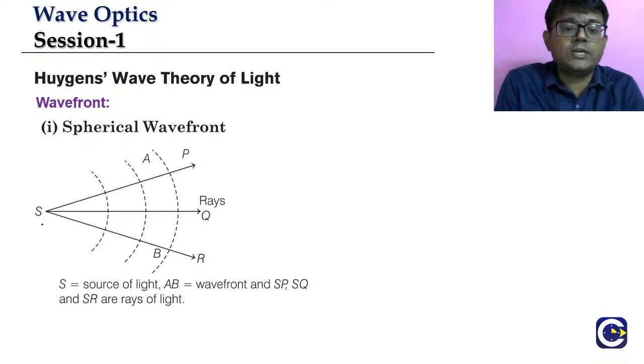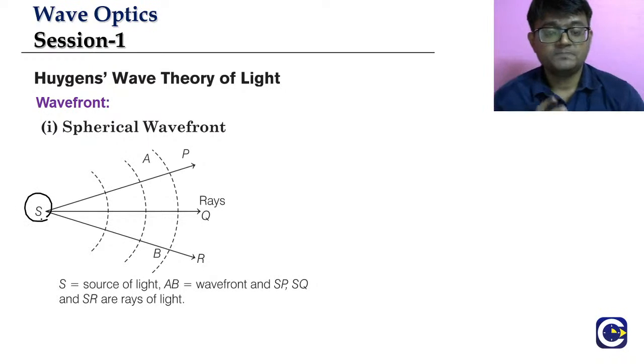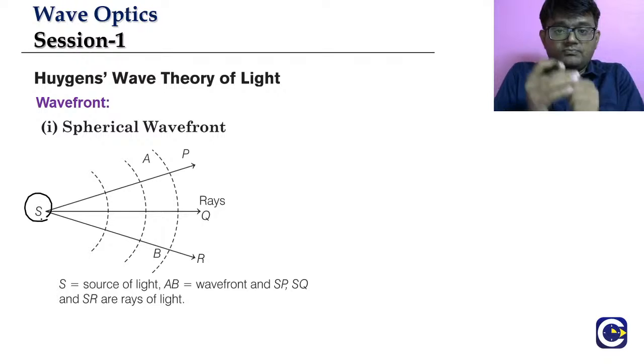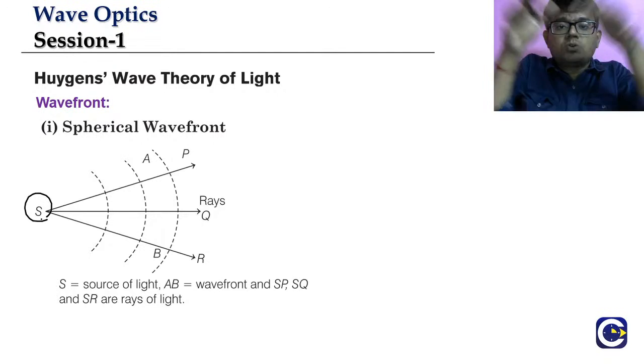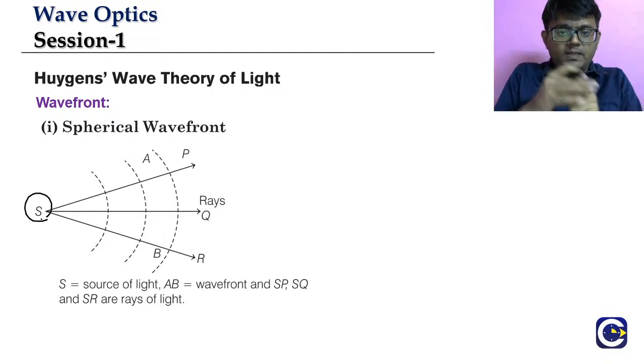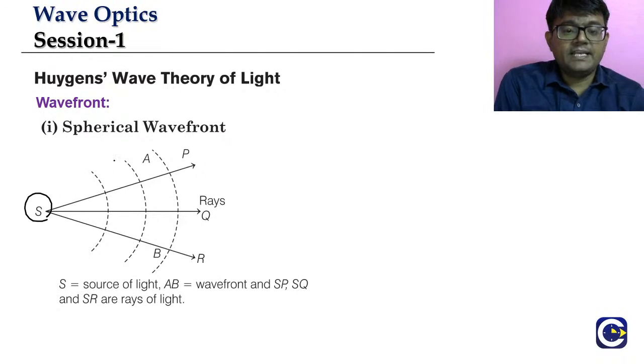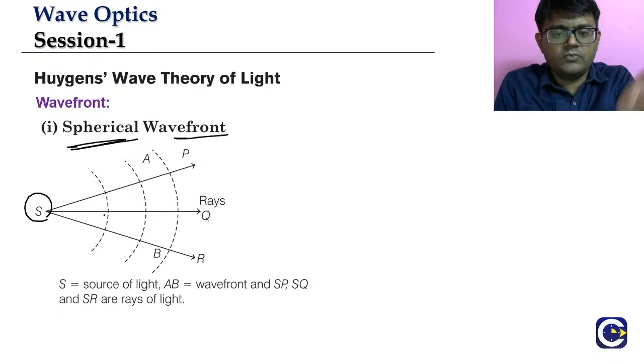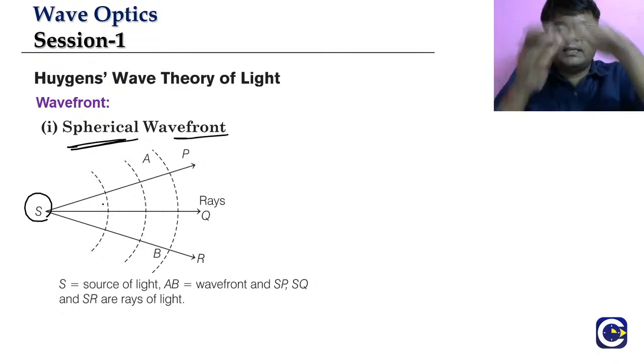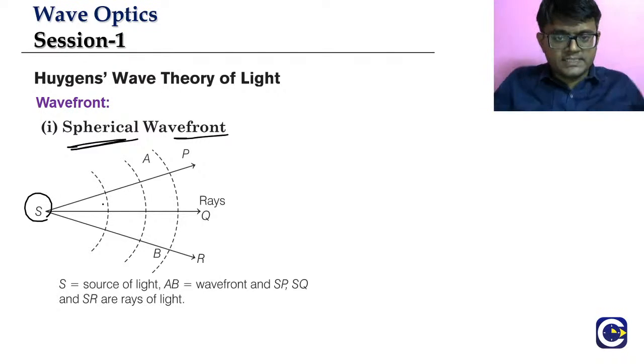If you have a point source, like S is a point source, then the point source will create the light wave in all directions. So the wavefront is going to be what? It is going to be a spherical wavefront. Here we are only seeing one side of it, but the wavefront will be spherical. In all directions it will create the wavefront.